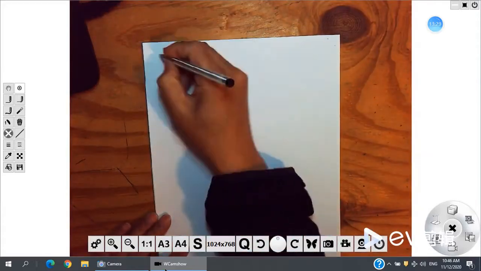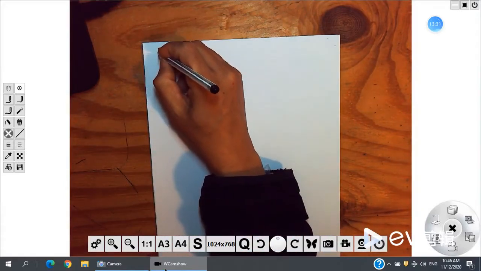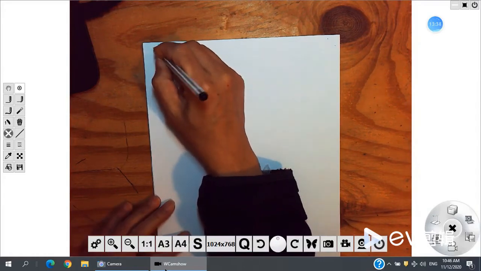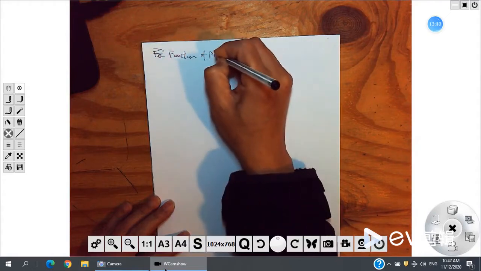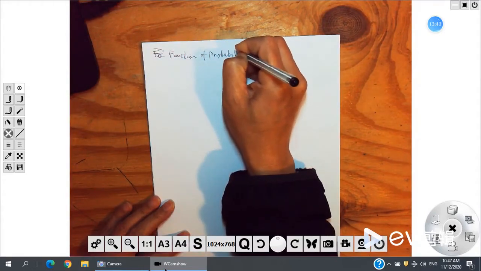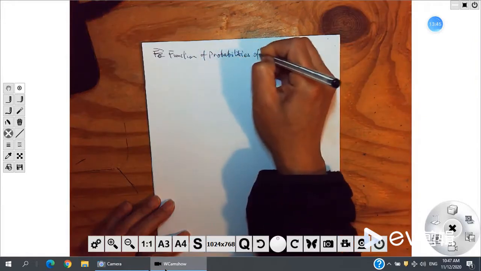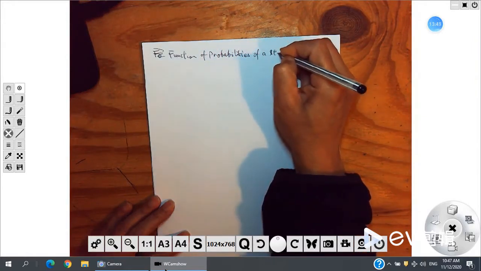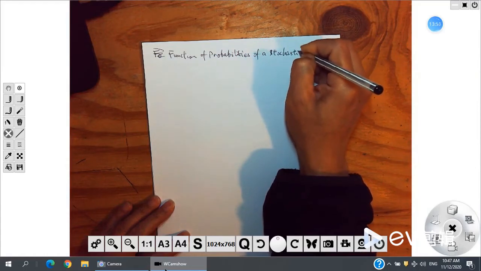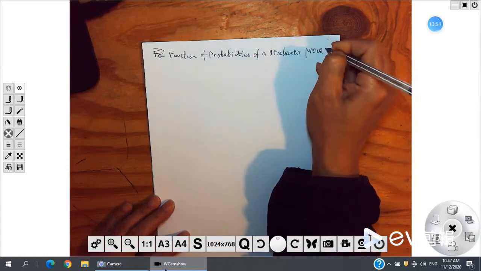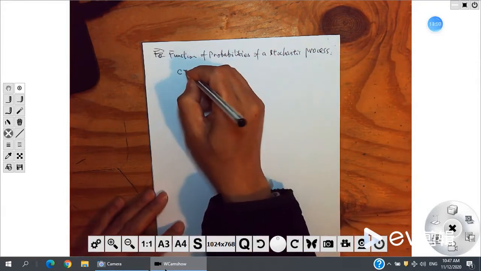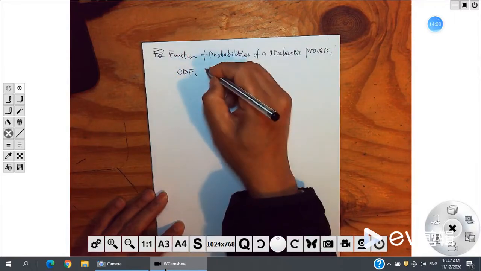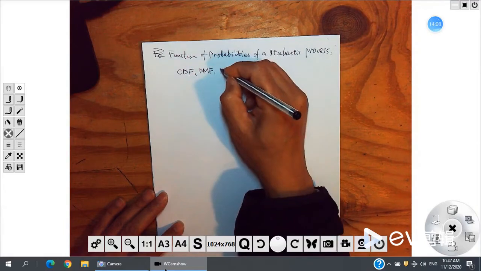Now we consider the distribution functions, the functions of probabilities, of a stochastic process. Similarly, we have the CDF, the mass function PMF, and the density function PDF.